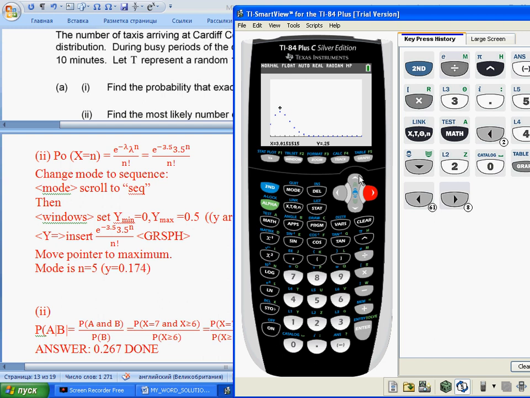You move the pointer and it should show you that the maximum is at n equals 5. I think that I inserted the formula wrongly. Let's see. E minus 3.5.